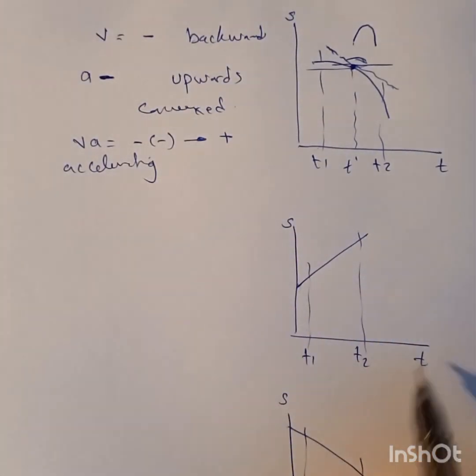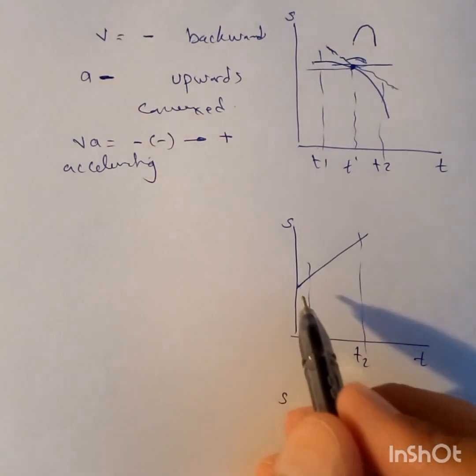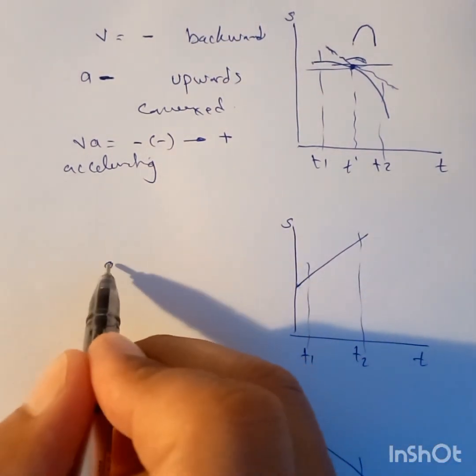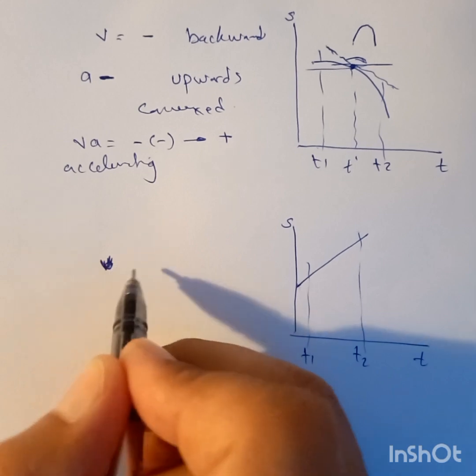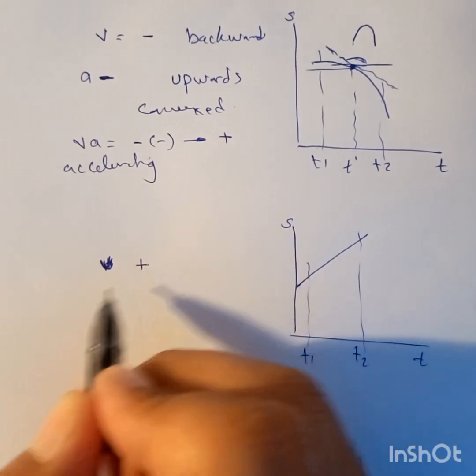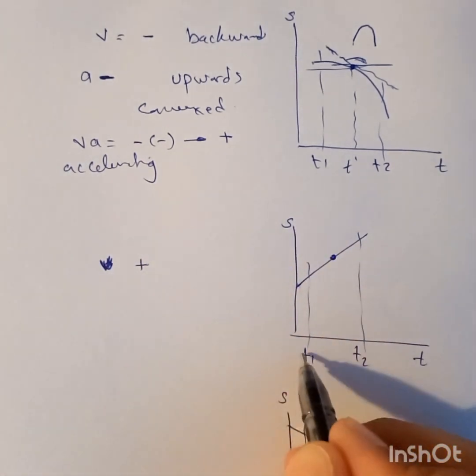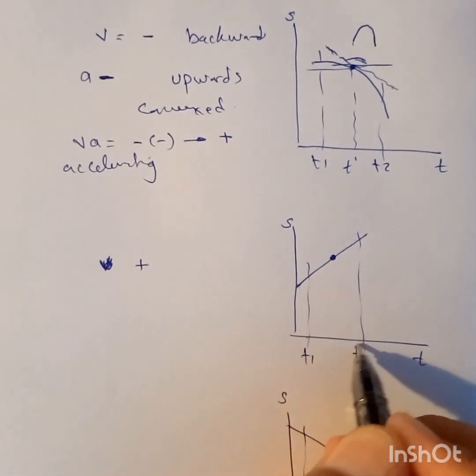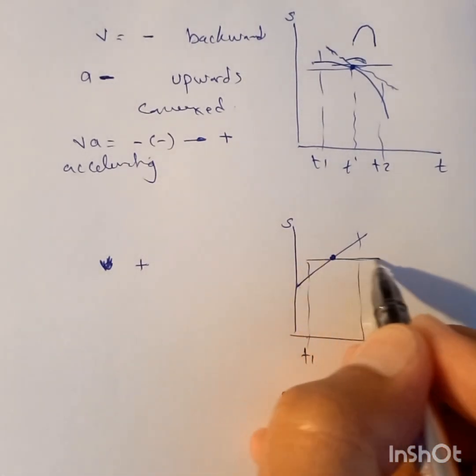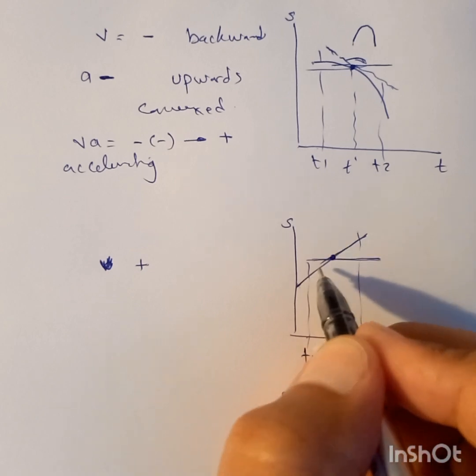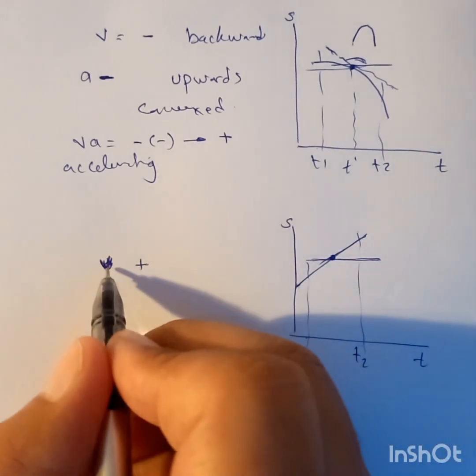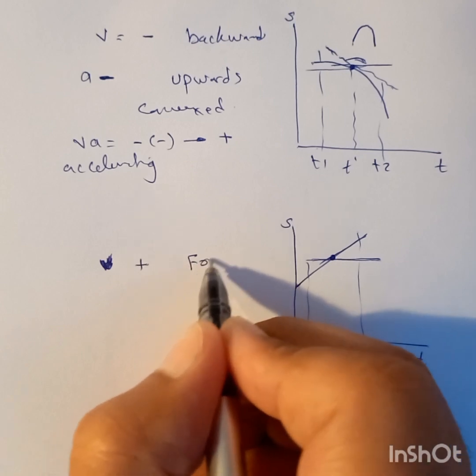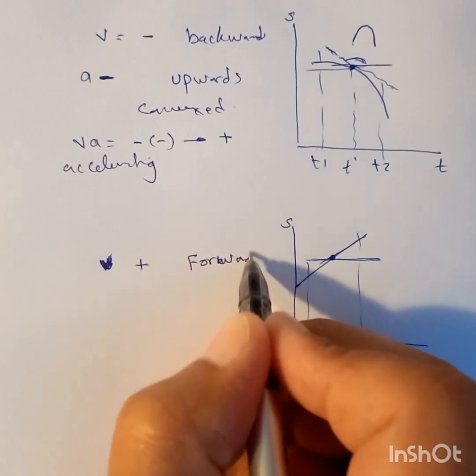We have an s-t curve. In this case, we have acceleration. First, the velocity is positive, as at any moment between t1 and t2, we can find the slope of this curve. Here the slope is positive, then velocity is positive, then we have forward motion.